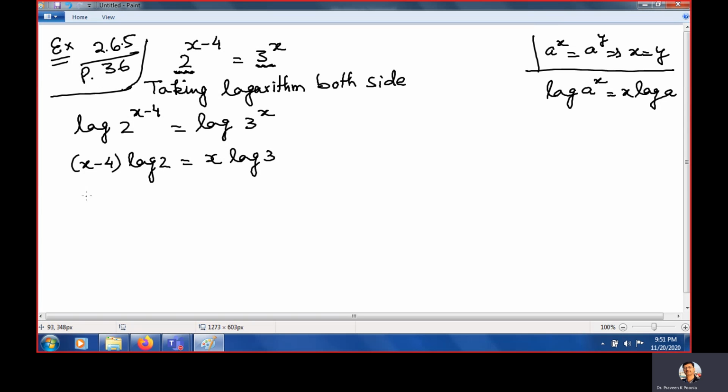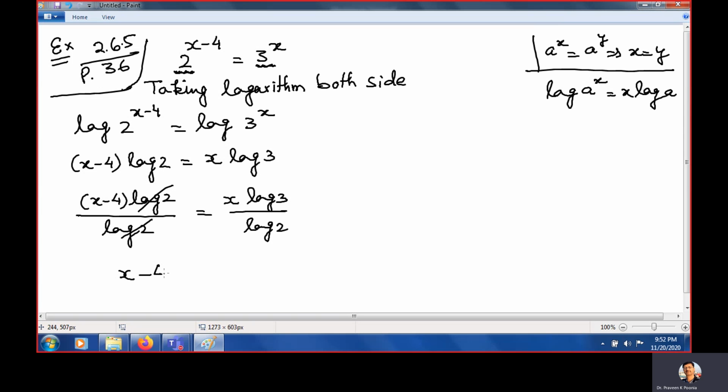Okay, so now divide by log 2. I'm choosing a different method than the book because this is easy. So dividing by log 2, it is x log 3 upon log 2, and this log 2 cancelled. So how much are we getting? x minus 4 is equal to x times log 3 upon log 2. What is the value of log 3?